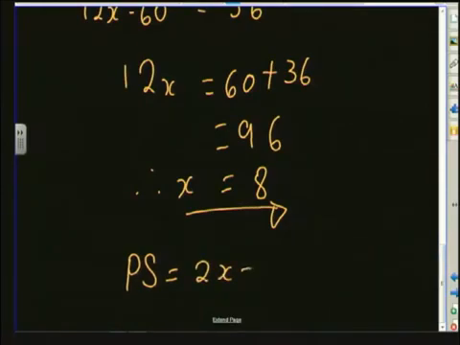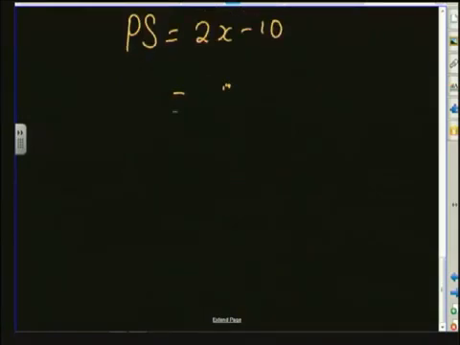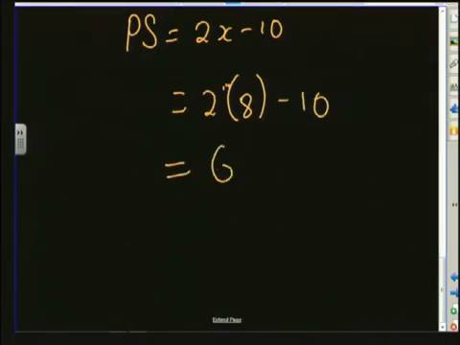So PS was 2x minus 10. I know that x is 8, so therefore I'll substitute the 8 in place of x, and I get 16 minus 10, so therefore PS is equal to 6 units.